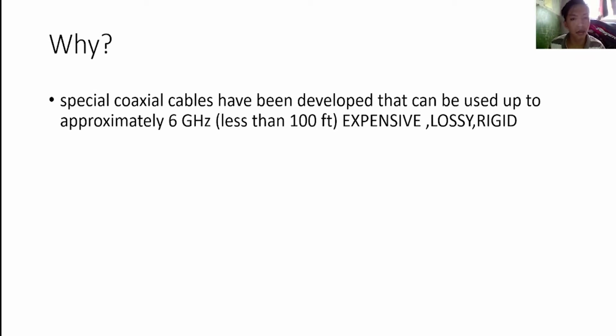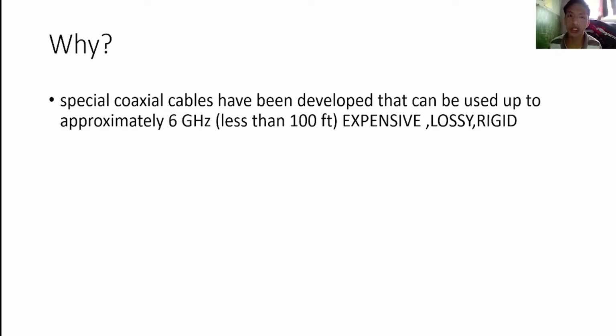Special coaxial cable has been developed that can be used up to approximately 6 GHz, but it should be used for less than 100 feet, because if you use it for more than 100 feet, it becomes lossy. The attenuation constant is high, and it is only desirable if you are just connecting two devices.